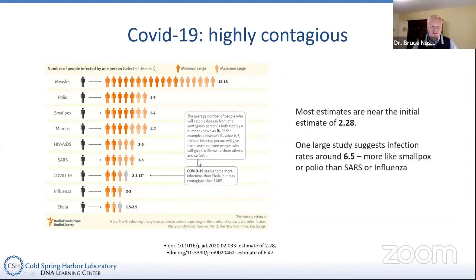That's about the same as some other famous viruses, including HIV and SARS. But there are also some newer estimates by a large group that suggest it might be as infective as polio or smallpox, which were very infective, but not quite as infective as measles, which is very, very infective indeed.